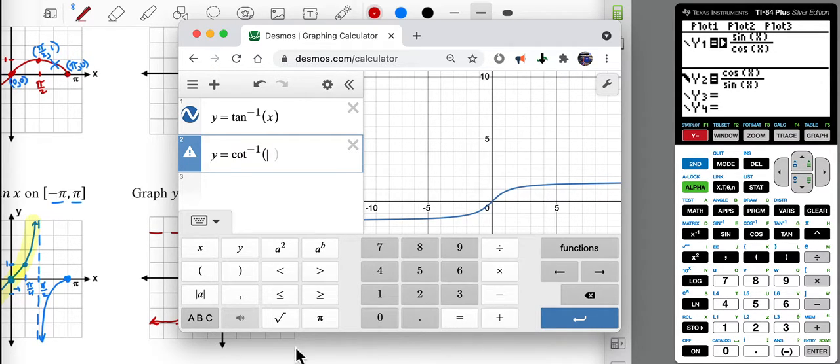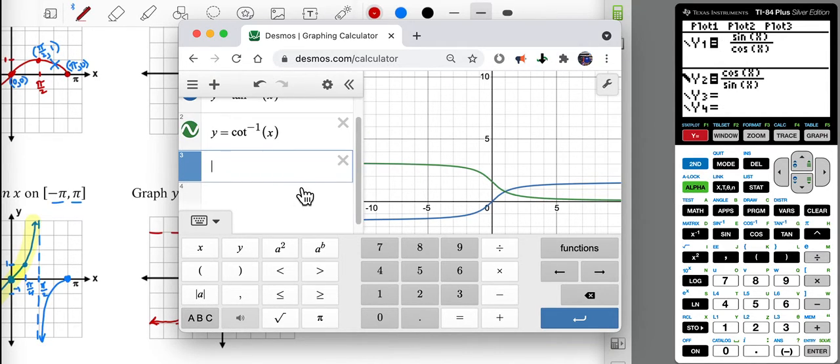All right, so let me get my inverse cotangent, and you can see that there's a nice shift here, and because of that, it would make sense that the range would be different. So let me plot the range, or at least horizontal lines representing the range of the tangent function, and I'll do the same thing for the cotangent.